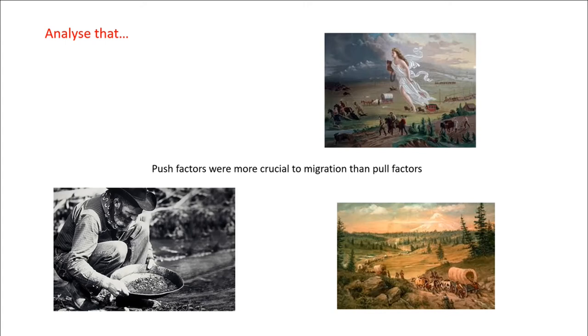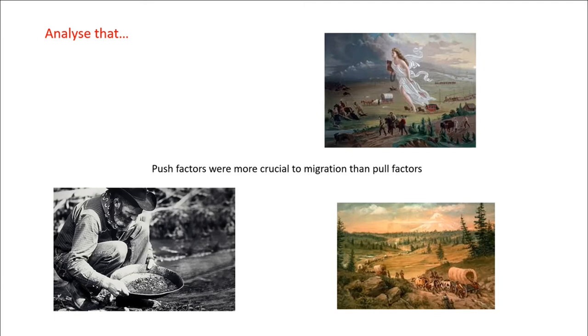So manifest destiny, the opportunity opened up by the Oregon Trail, the gold rush, cheap land, Homestead Act, the encouragement from railroad companies who stood to make money from more people moving west, and the advertising that they did of a land of plenty, of loads of opportunity. It was pull factors that were more important than push factors.